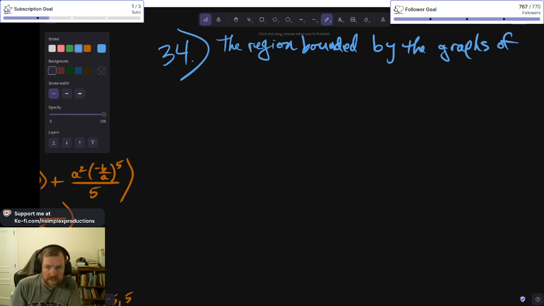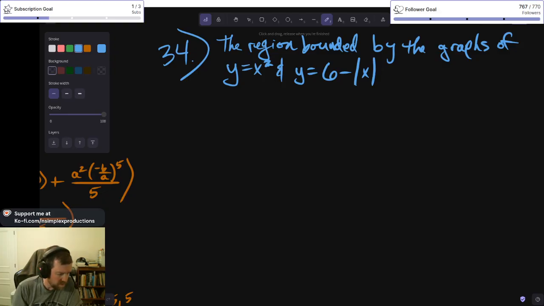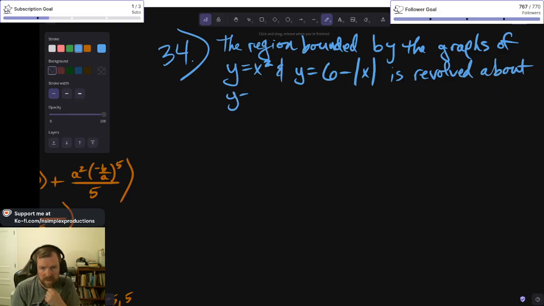The region bounded by the graphs of y equals x squared and y equals 6 minus the absolute value of x is revolved about the y-axis.